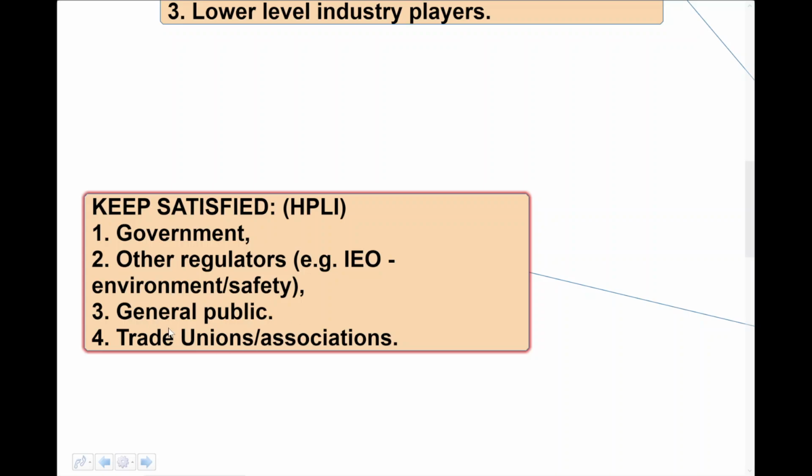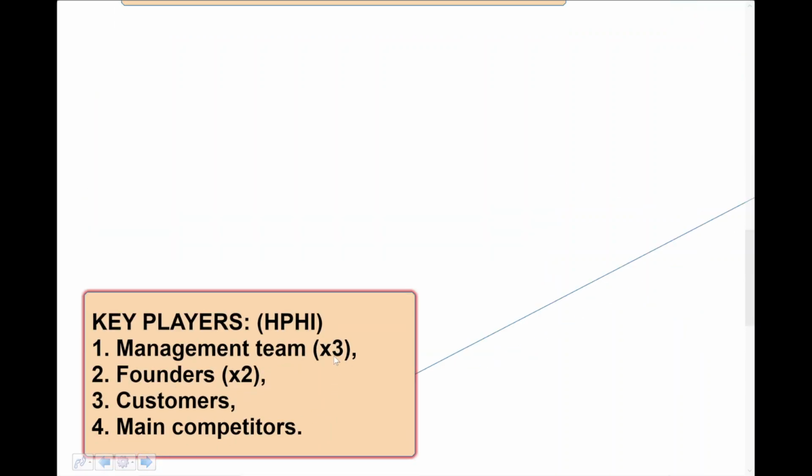General public will be interested in events. You only have to look at the press to see that. Outside of that, the possibility of TUs or indeed other associations. Last and indeed biggest area, certainly the management team and the founders, high interest and high power. Absolutely customers.